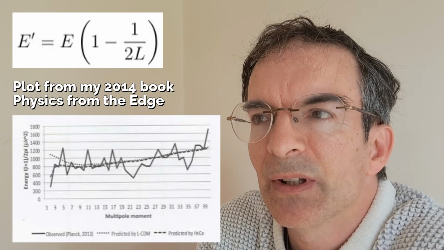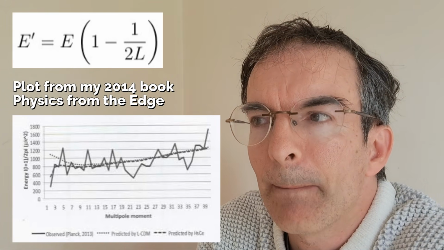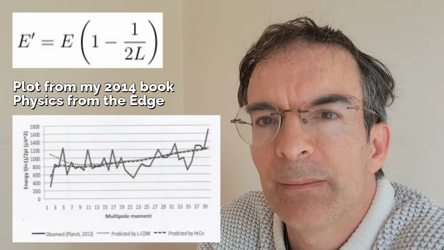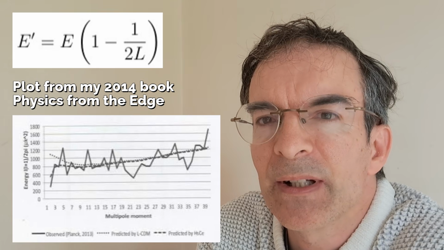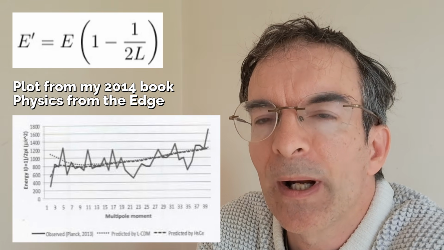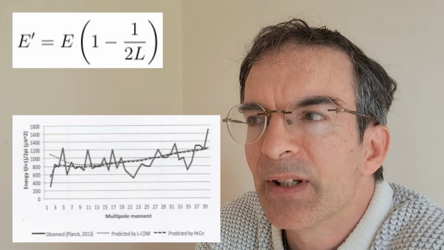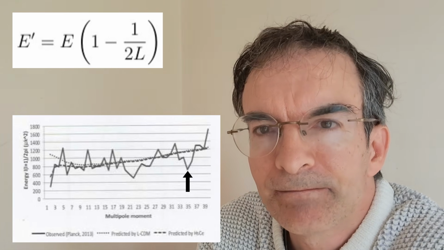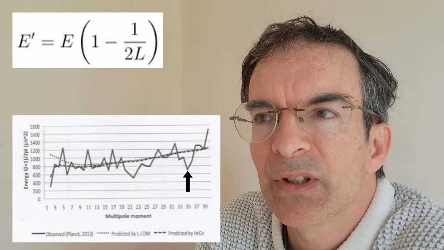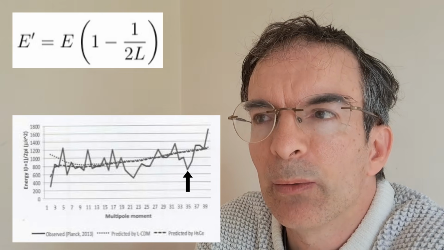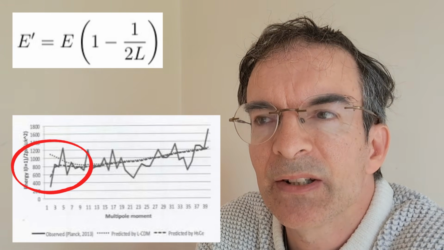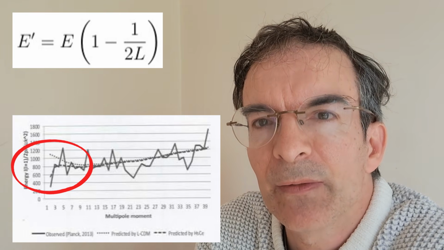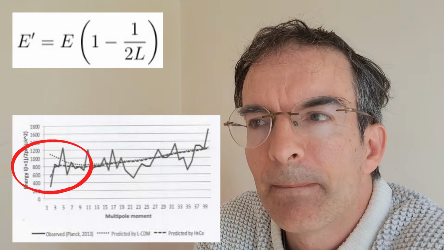So this plot shows the multipole along the x-axis from L is 1 to L is 40 on the right, and the intensity of the radiation up the y-axis. And you can see that the observations are the black line, and you can see there's a bit of variation, but also on the far left, the intensity drops very rapidly for the lowest multipoles.